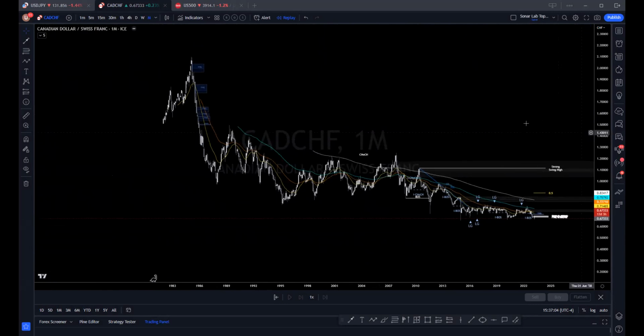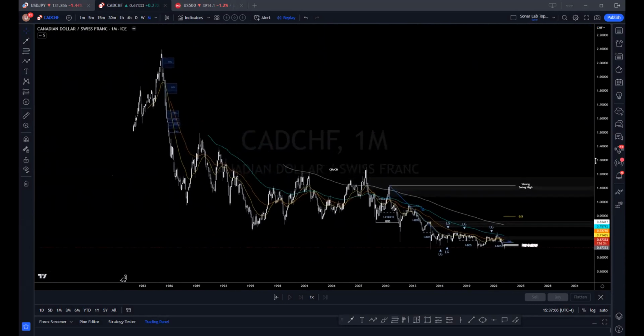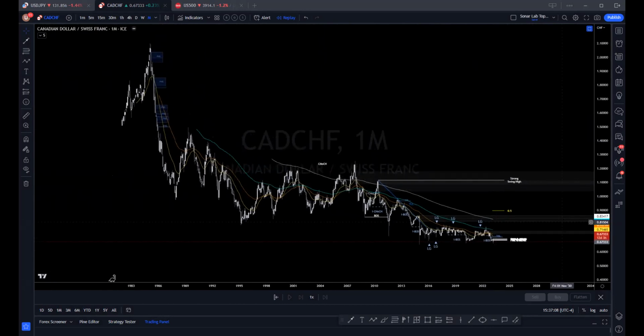Wow, price back in 1982. It's like right when computers were invented and the internet wasn't even available yet to the general public. Computers were invented, but the internet wasn't widely available to the public until about 1990, '91-ish. This is the ceiling for CAD Swiss French.